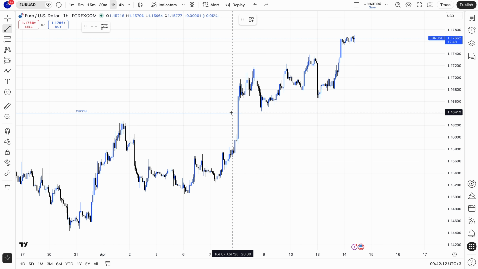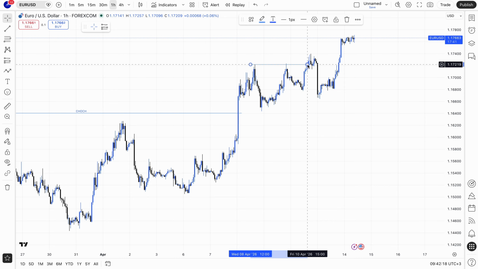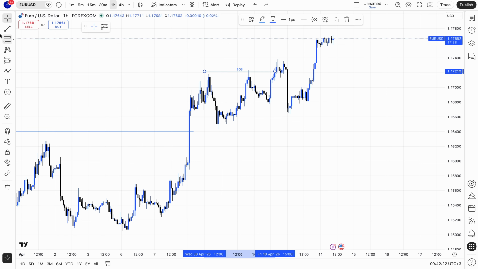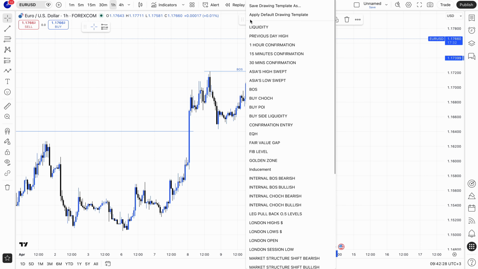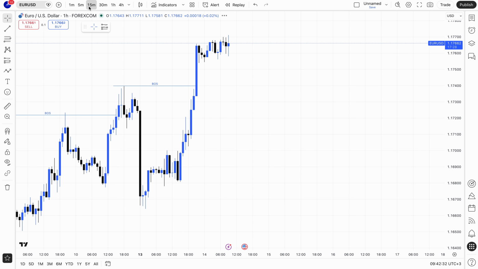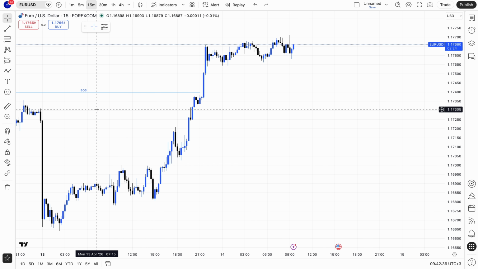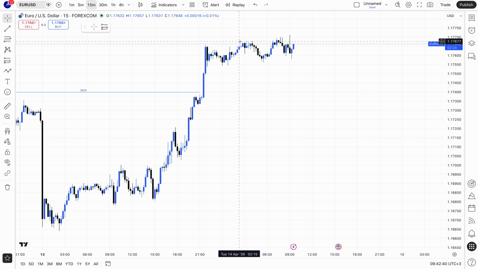And this is our continuation break of structure to the upside. And this was our break of structure to the upside continuation. Then you don't have any valid pullback from here.